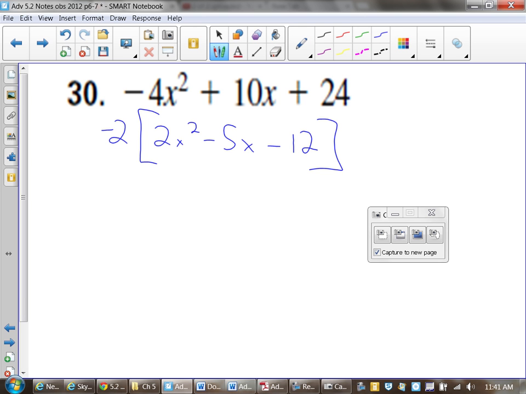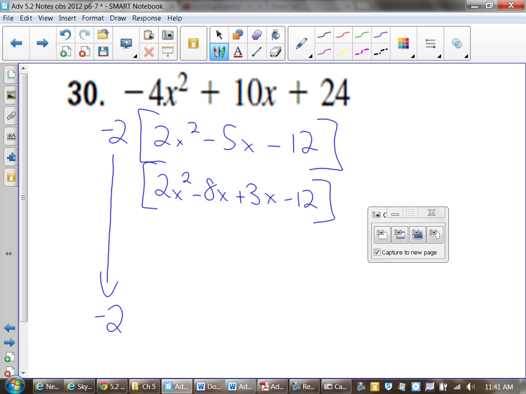Now I factor this like I would earlier. This -2, just bring it all the way down to the bottom to where your answer is going to be. That's all it's doing. It's already out. 2 times -12 is -24. What times what's -24 and adds together to get -5? -8 and 3. So I have 2x squared minus 8x plus 3x minus 12.